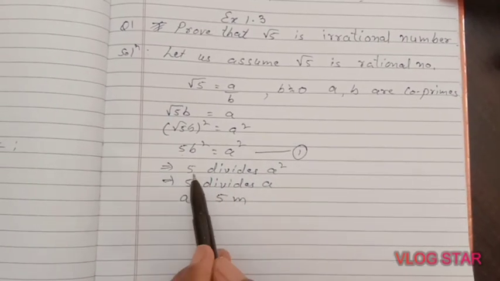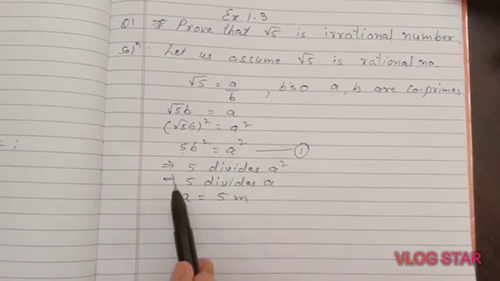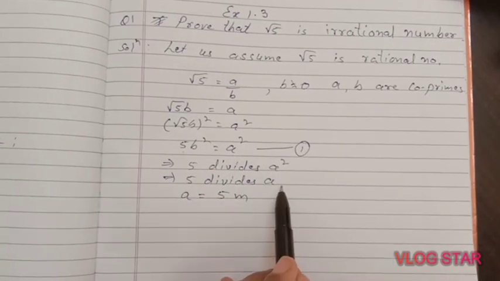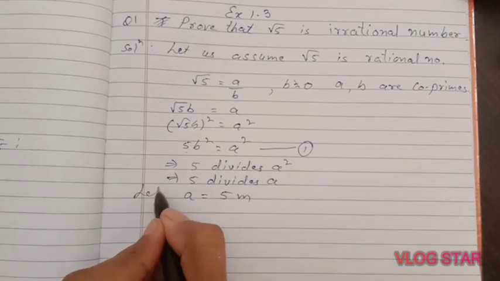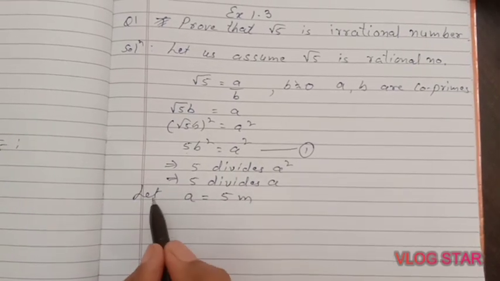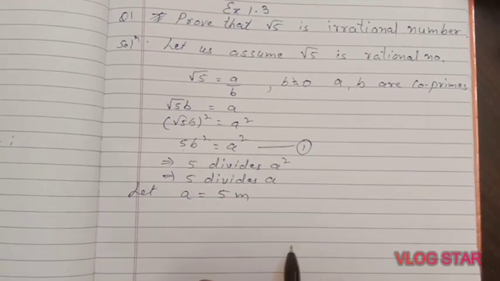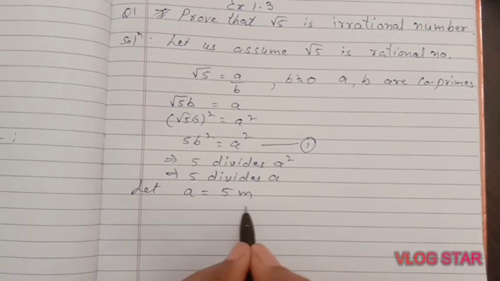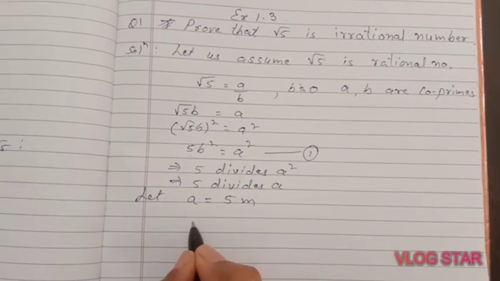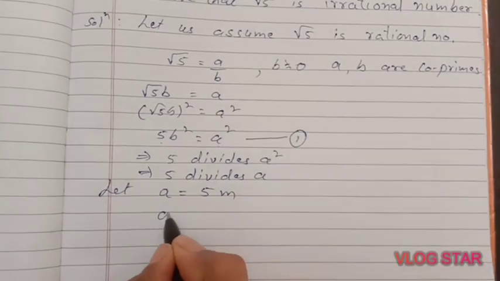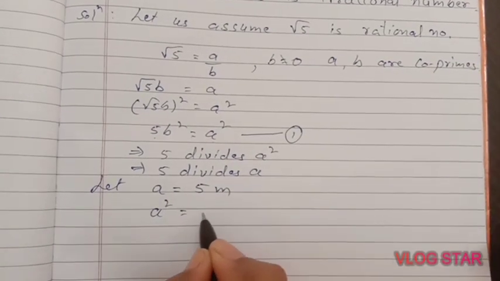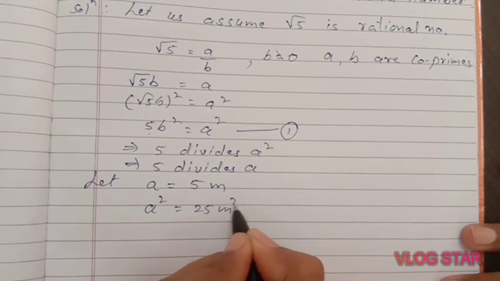This implies 5 divides a square, which implies 5 divides a. So if 5 divides a, then let a equal to 5m. Now if I do squaring on both the sides, I will get a square equal to 25m square.